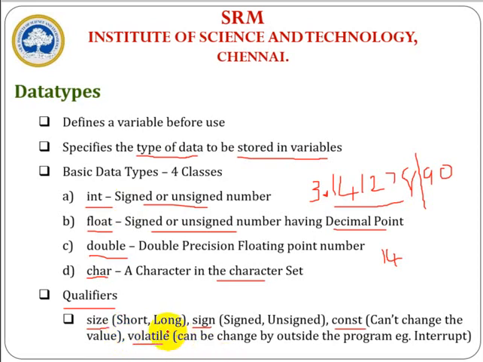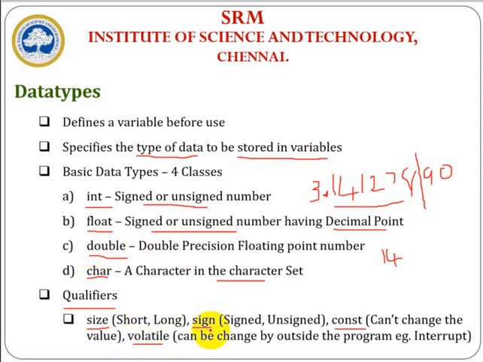Okay. And when I want to extend the data type, for example if I mention long int, then twice the integer size will be allocated for the data type. So I can either extend or minimize the data type based on the size qualifier. We will see this in a few forthcoming classes.